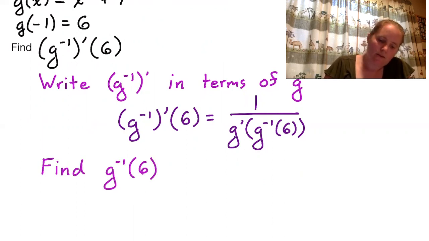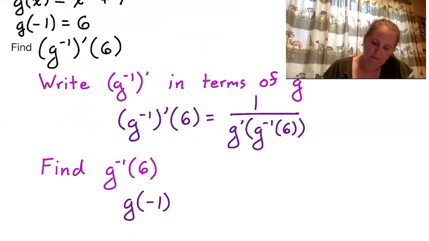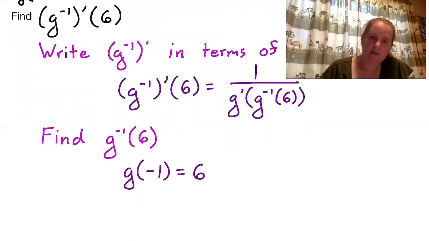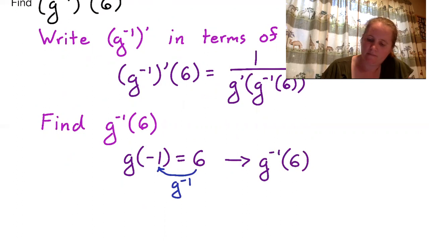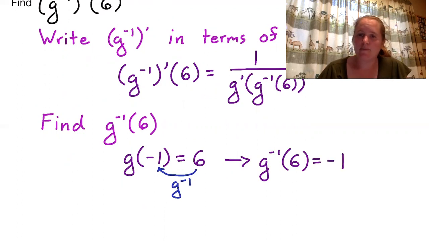We're going to use the fact that g of negative 1 is equal to 6. g inverse just goes the opposite way, and so g inverse of 6 is negative 1.